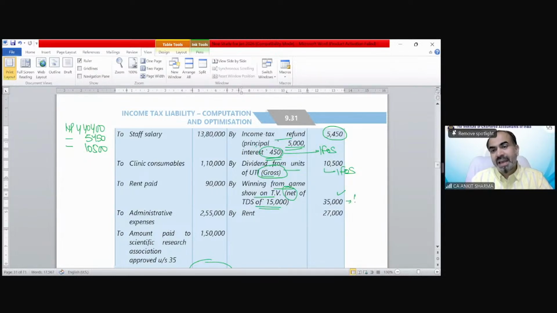So that is my casual income, and we will gross it. Net is 35,000, grossed it would be 50,000, before TDS. So under income from other sources, we will include 50,000. In PGBP, we'll reduce 35,000. Rent is 27,000, income from house property, going to be reduced.